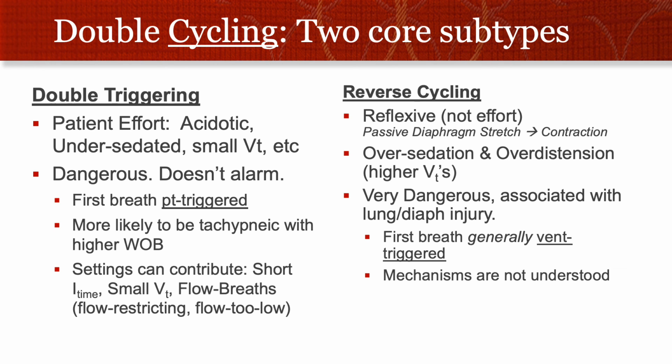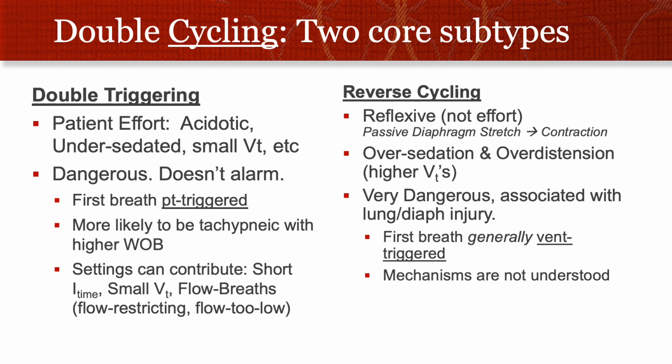The other one is reverse cycling, and reverse cycling is a hard phenomenon to understand, but the idea is that the vent delivers a breath and the diaphragm gets stretched, and when the vent turns itself off and it relaxes that stretched diaphragm or pulls the pressure away from it, the diaphragm reflexively contracts again. So it's almost like a second breath by the patient, except that it's not triggered by the patient. It's triggered by a reflex action on the diaphragm.